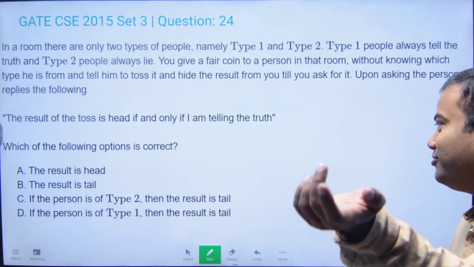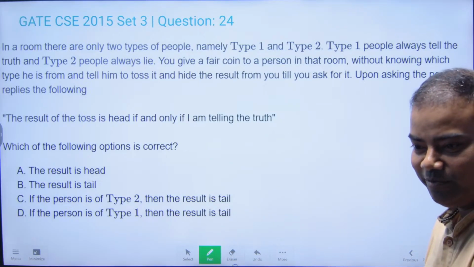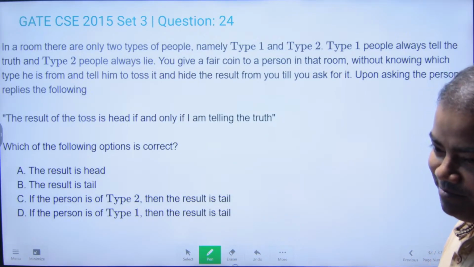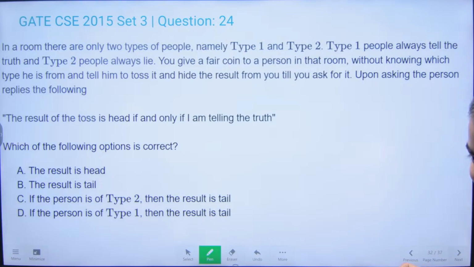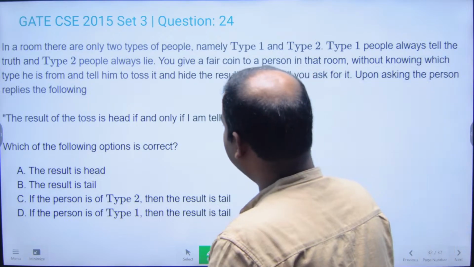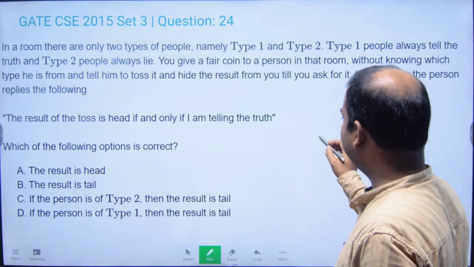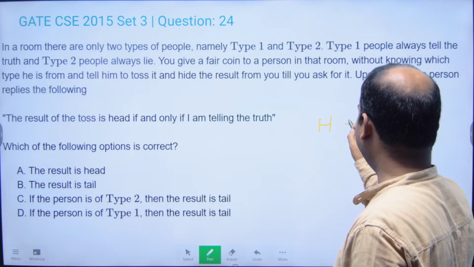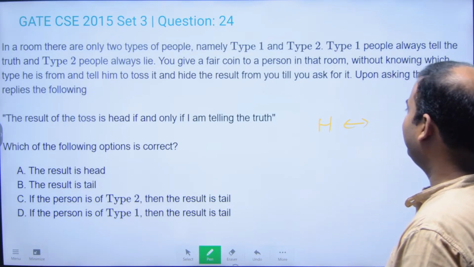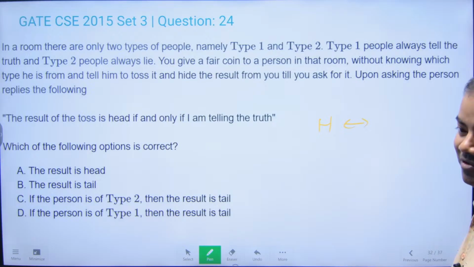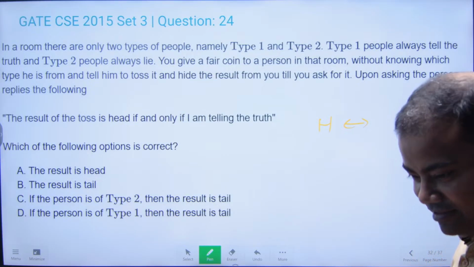Now, is he telling the truth or not, that is the question. So what he is saying: the result of the toss is head if and only if I am telling the truth.